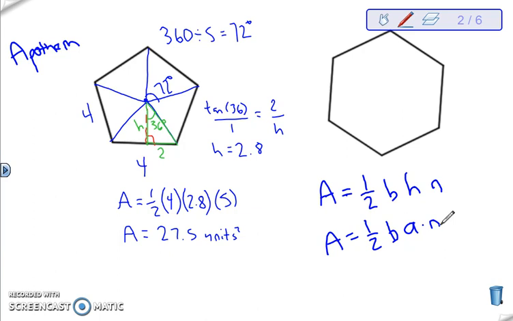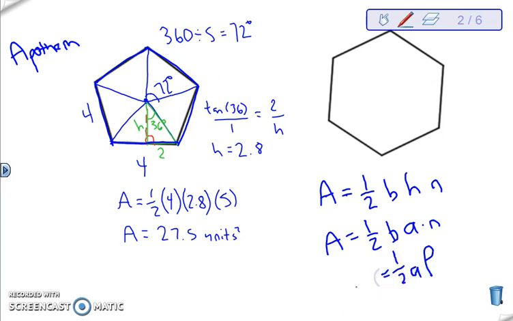So if I take the length of a side of the polygon and multiply it by the number of sides, that's just going to give me the total length of all of the sides going around the polygon, which we can shorten to the perimeter.